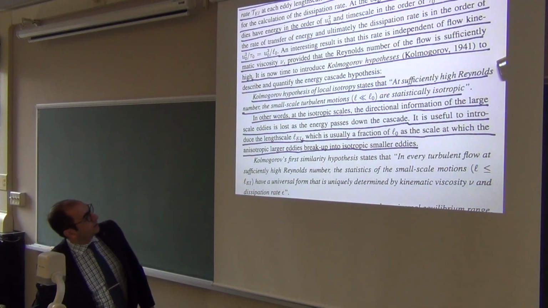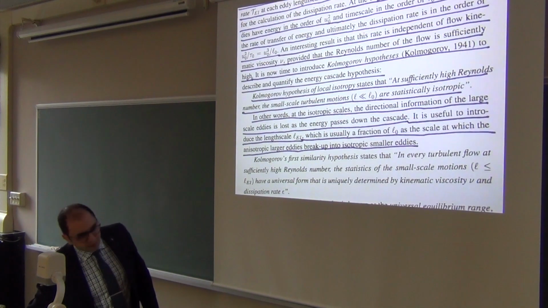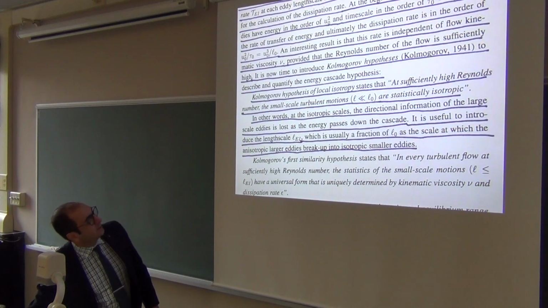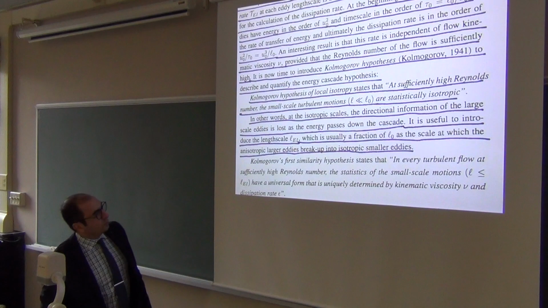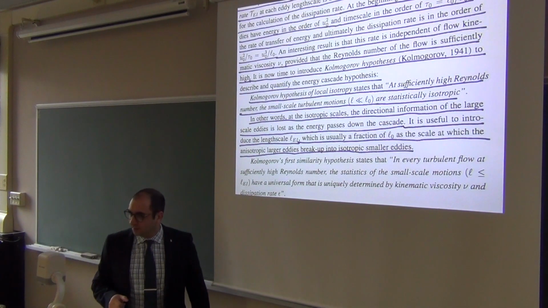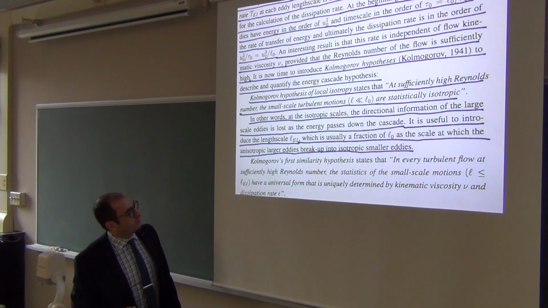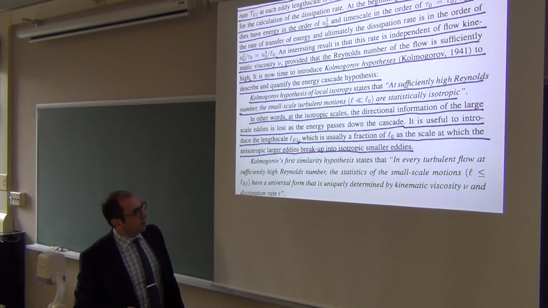We discussed Kolmogorov's hypothesis of local isotropy, stating that at sufficiently high Reynolds number, the small scale turbulent motions are statistically isotropic. So the biggest motions are not isotropic.